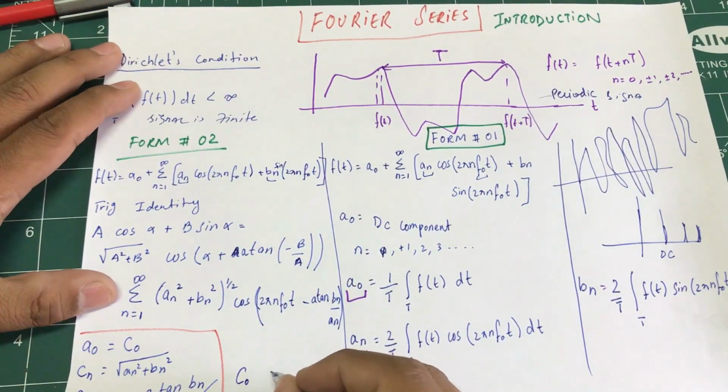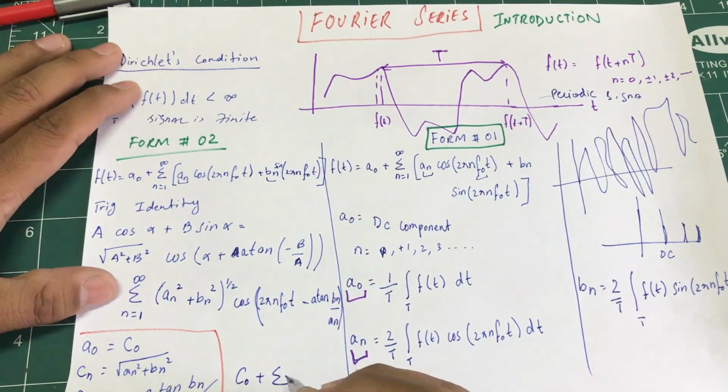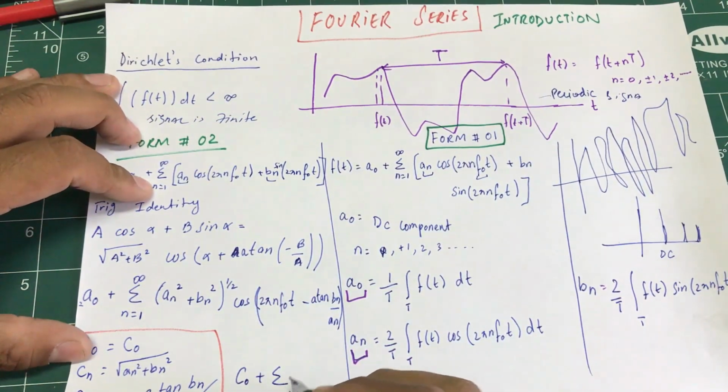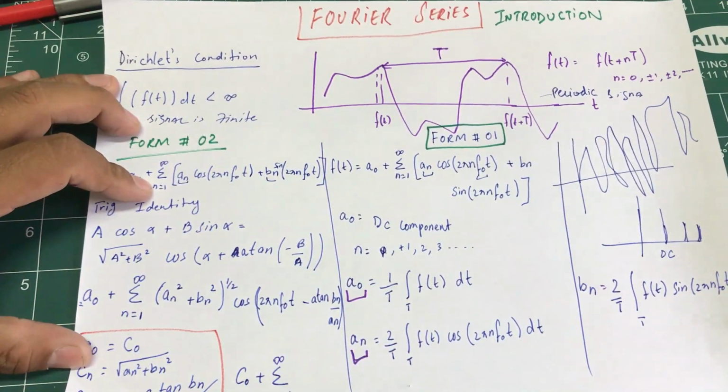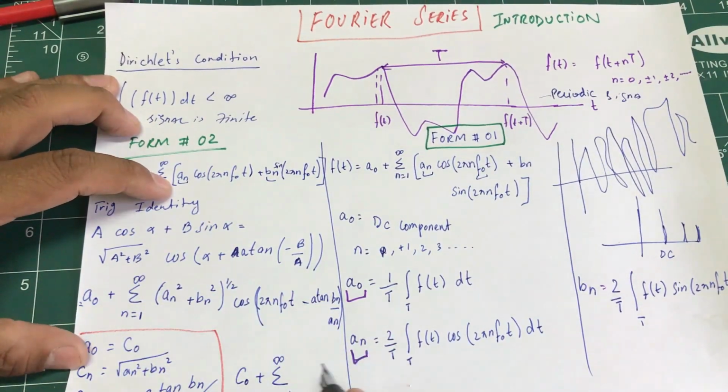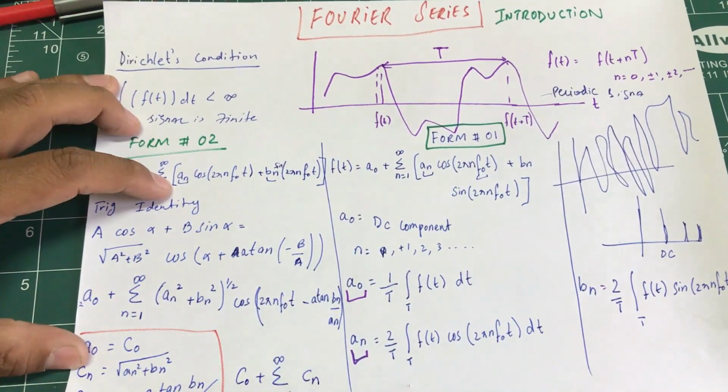Hold on. So the second form would look something like this. C naught plus summation n from 1 to infinity. All right, in place of this whole thing, I'm going to write my cn.